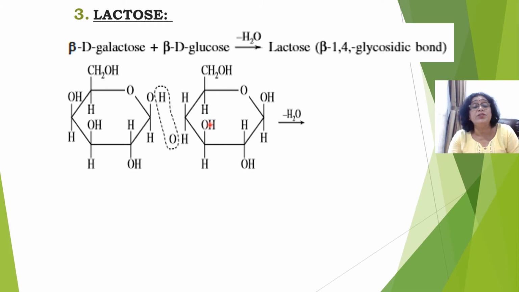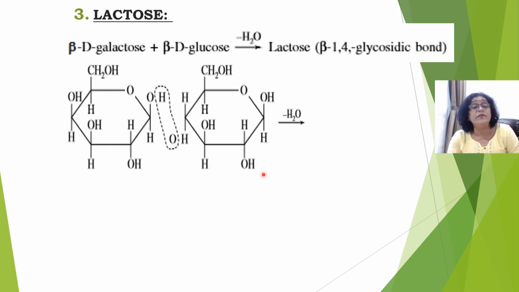Third carbon, OH above, H below. Fourth carbon, H above, OH below. Fifth carbon is forming a hemiacetal ring, and this is CH2OH. So beta D glucose and alpha D glucose, what is the difference? Only the position of H and OH on the anomeric carbon differs. So this is beta D glucose.